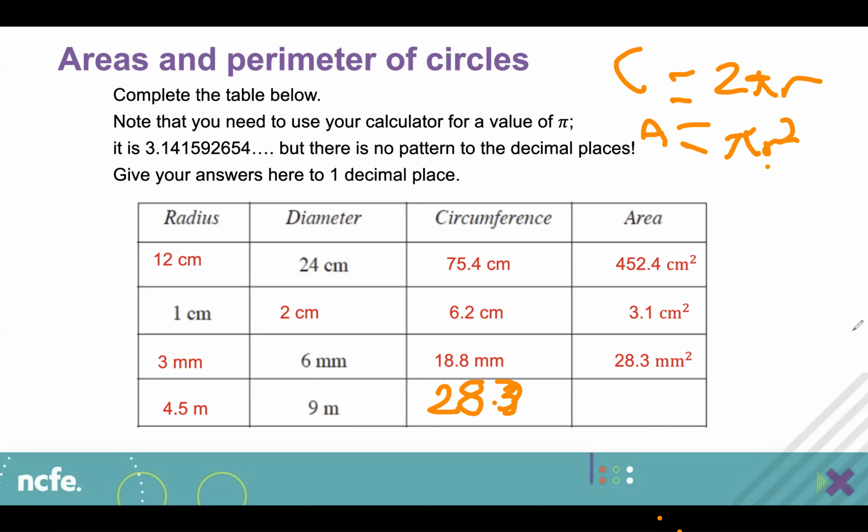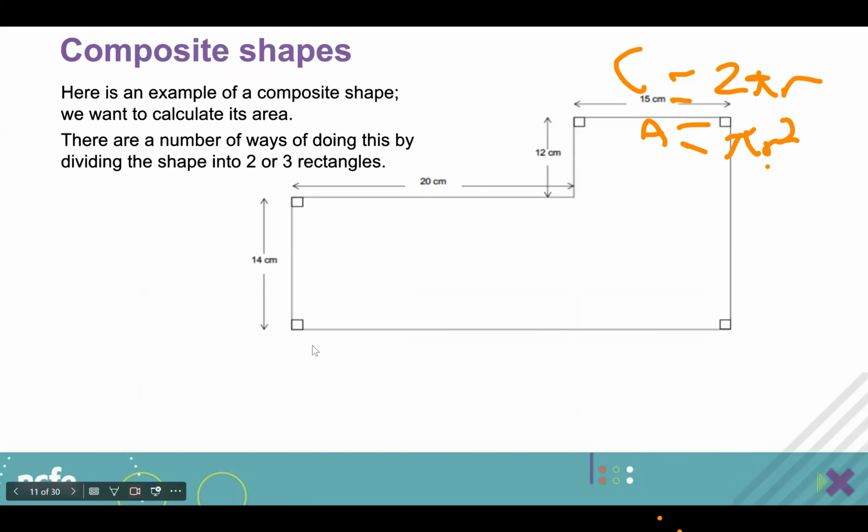And the area would be pi r squared, so r squared is 4.5 squared, which equals 20.25, times 3.141, equals 63.6. So these are the final answers.